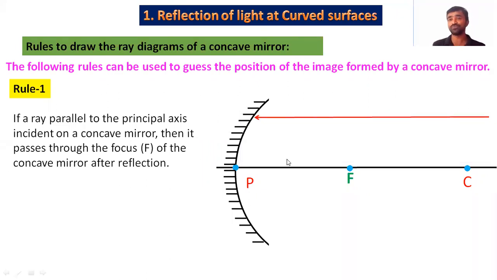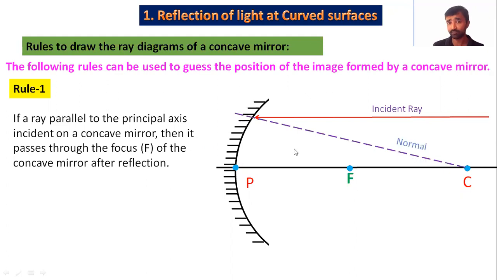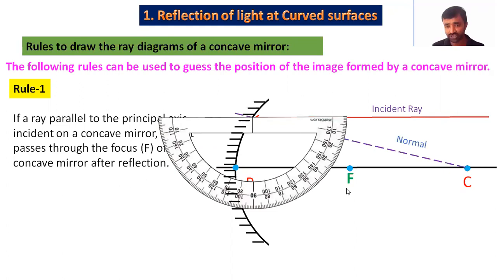Then what to do? Measure the angle of incidence for the incident light ray with the normal. So draw the normal. This is the normal. Then measure the angle of incidence using the protractor. How much is it showing? Almost 14. Can you see that? So identify a point at 28 for the angle of reflection.